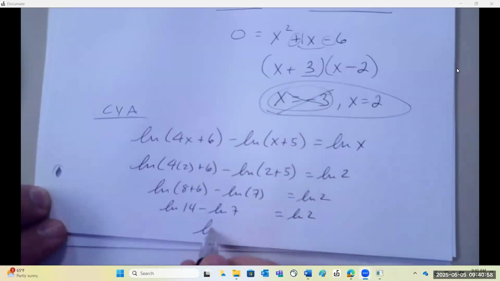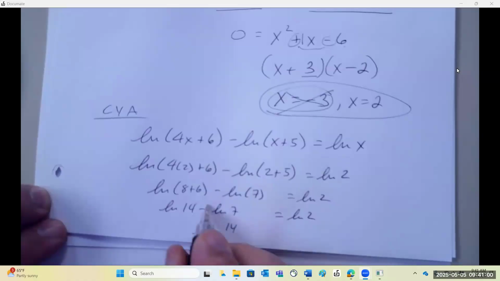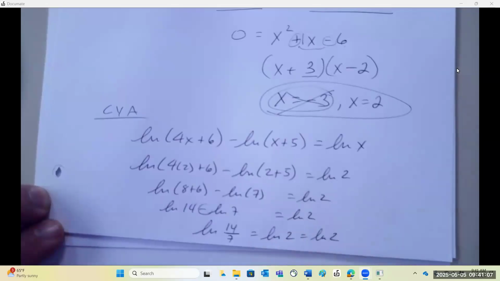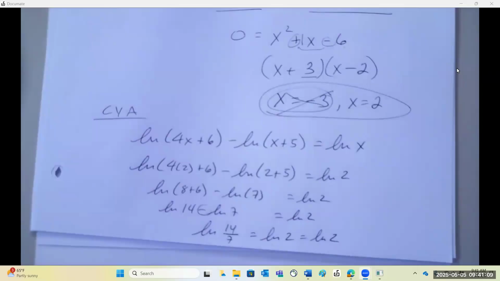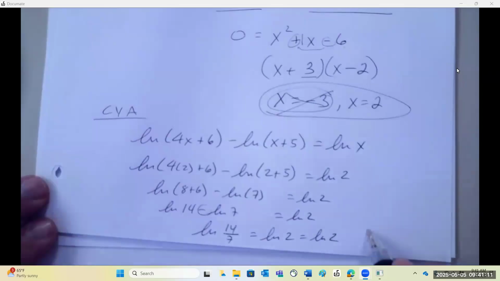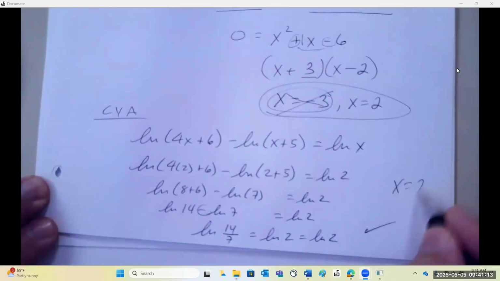Since it's minus, I can divide them. It was 14 divided by 7, and so ln 2 equals ln 2. So x equals 2 is our answer.